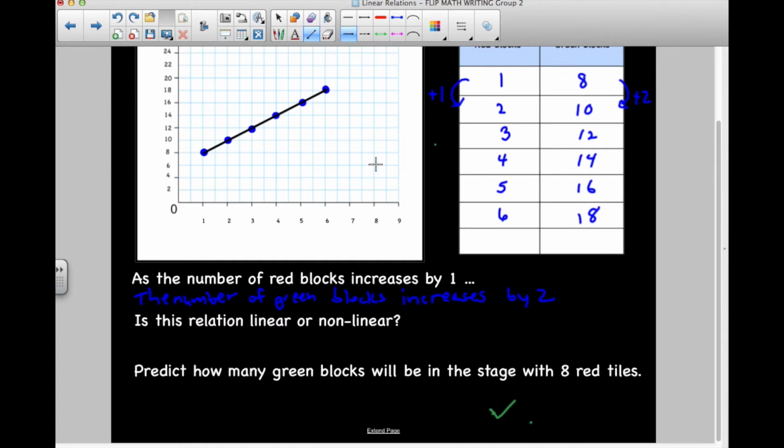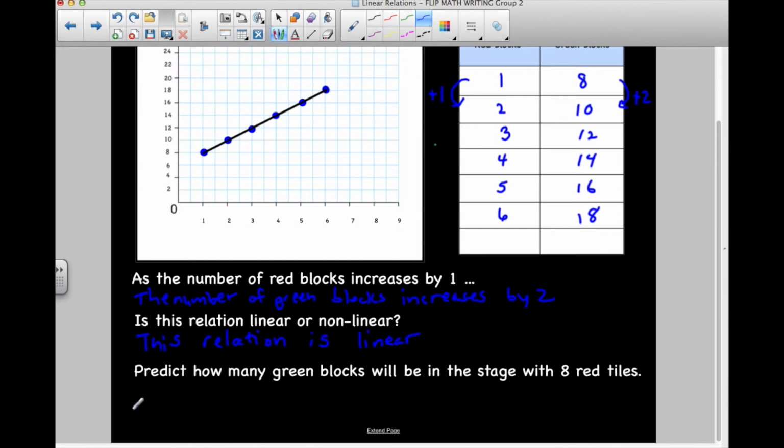So one of the things that we need to understand is that if we have a linear relation, it looks like a straight line. So to answer the question, is this relation linear or nonlinear? Well, this relation is linear, because it looks like a straight line on a graph.